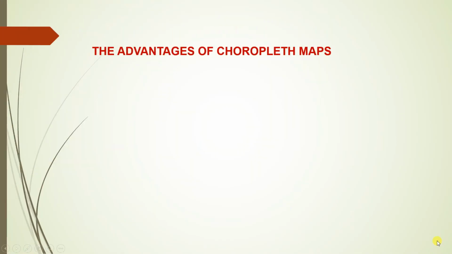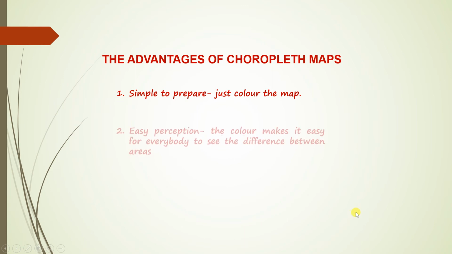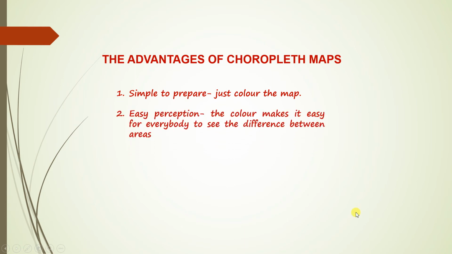Let us see what are the advantages of choropleth maps. They are very simple to prepare. You just have to color the map, like how you color your drawings. Then easy perception. Perception means when you take a glance, you come to know difference between the areas. Which region has high population, which region has less population. So this is called easy perception.